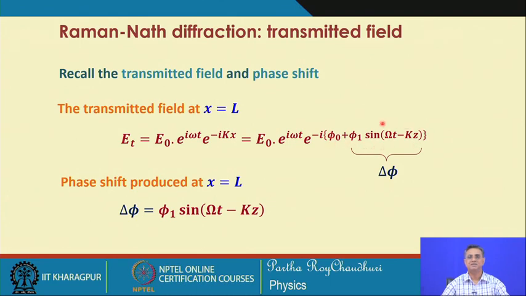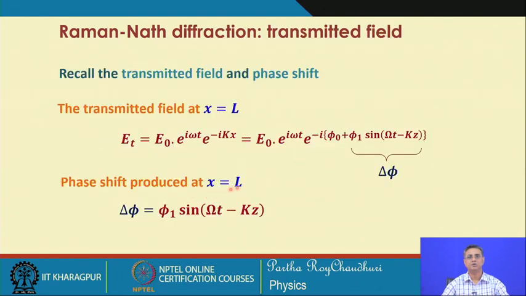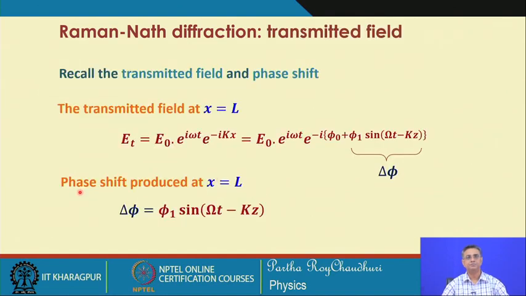This peak change in the phase will be equal to delta n, which will be equal to phi 1, that we will see. The phase shift produced at x equal to L will be given by delta phi is equal to this.